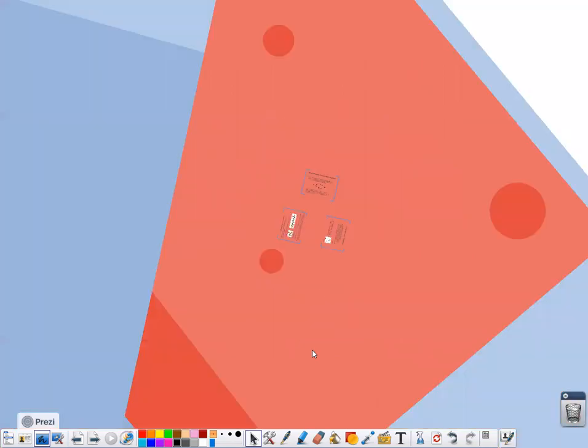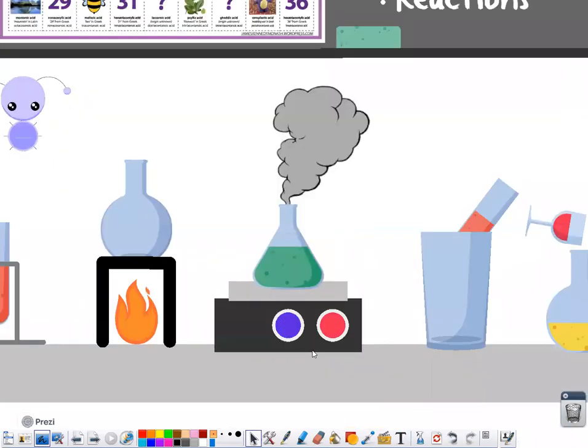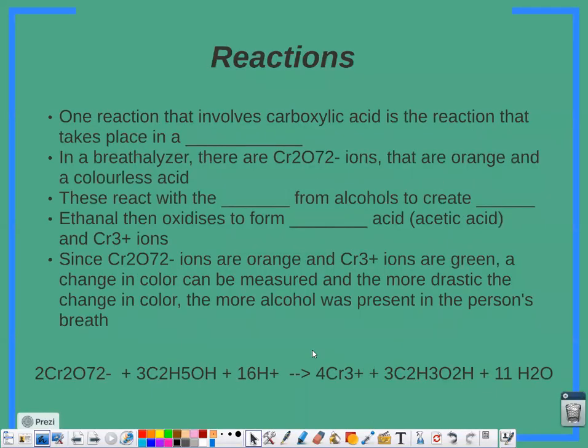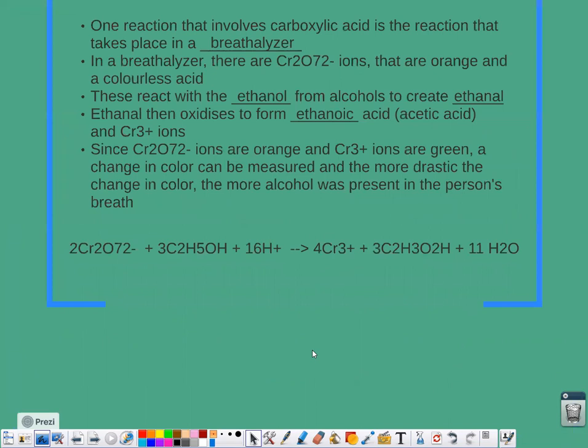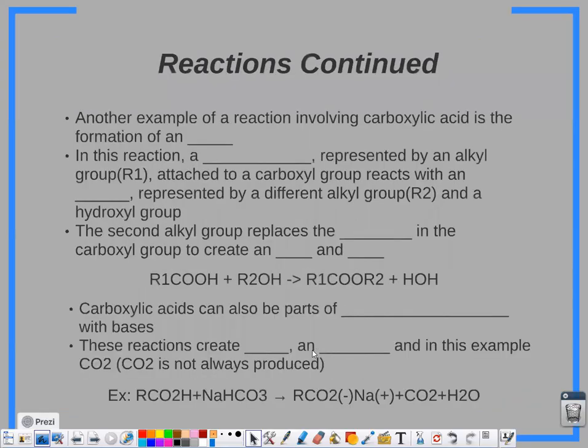Let's talk about the chemical properties, the reactions. The esterification reaction and neutralization reaction are very important for the carboxylic acid. They can form esters with alcohols, and undergo neutralization reactions with bases.